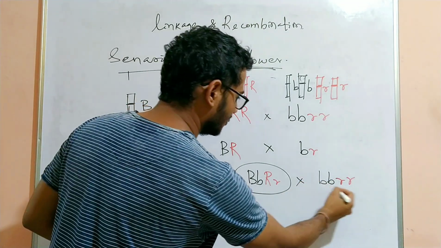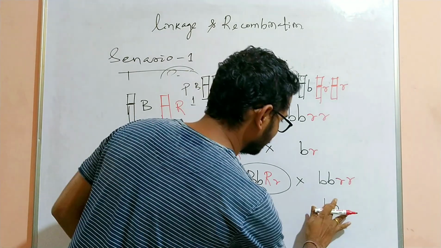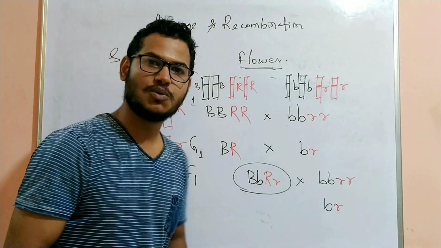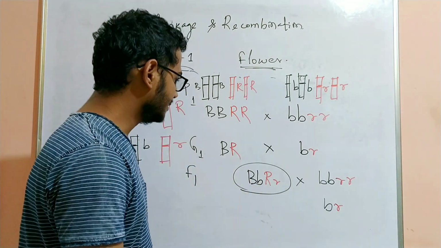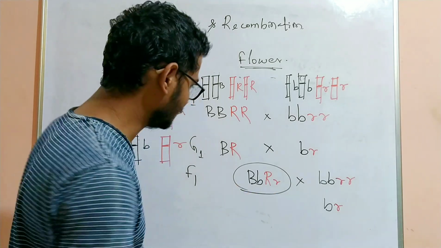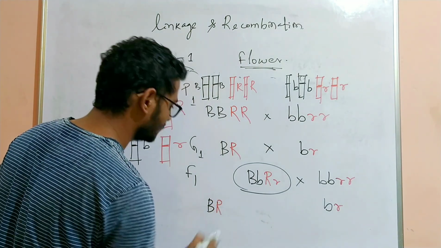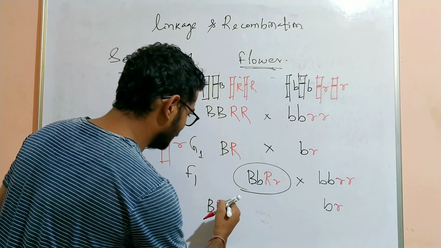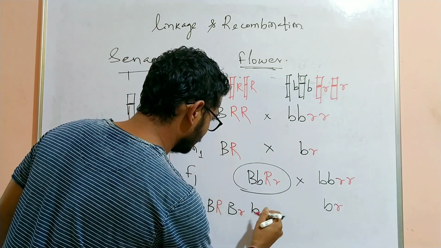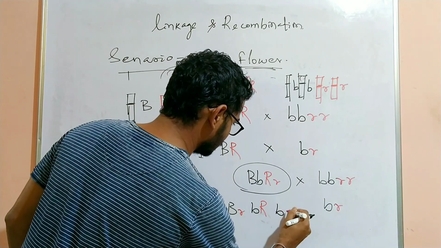From here we will get one type of gamete, that is small b and small r. And from here we will get 4 different types of gametes. Due to recombination, different types of combinations we can get from here: capital B with capital R, capital B with small r, small b with capital R, and small b with small r.